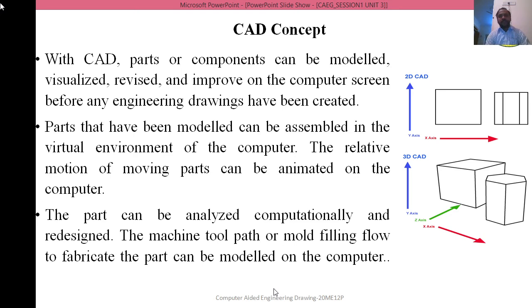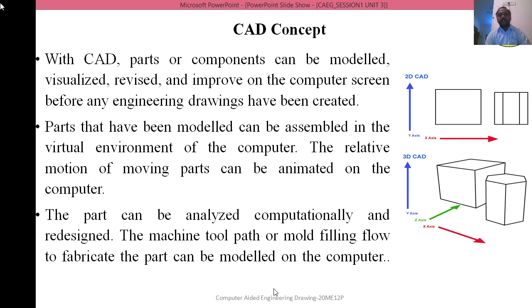Secondly, parts can be modeled separately. By making use of CAD software, the individual parts can be modeled and then assembled to create a single system. Also, the relative motion of various parts in the component can be animated on the computer screen.